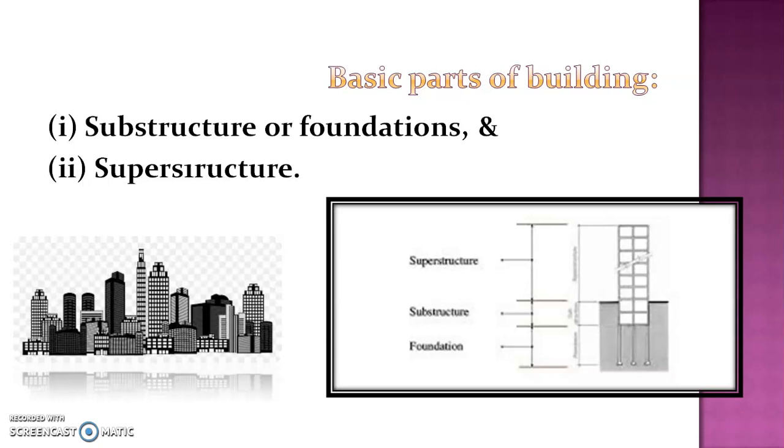The substructure generally includes the foundation, or even sometimes construction made underground, like space for parking or storage. Superstructure is the part of a building constructed above the ground level. These two parts are generally connected with each other using a part called a plinth.